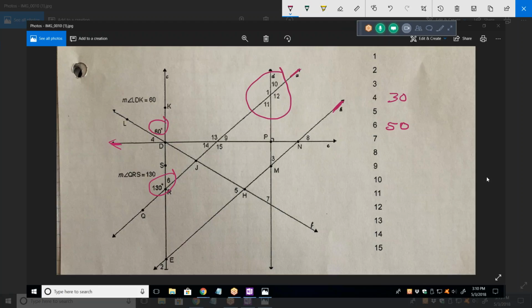And because angle 6 is 50, what's angle 2? Where is? In other words, this is parallel to this. This is angle 2. So here's where you have parallel lines and a transversal. So 2 has to be the same as? 6. Which is? 50 degrees.